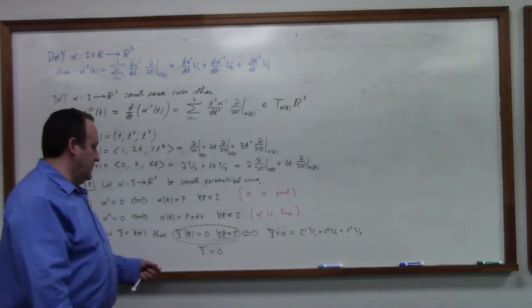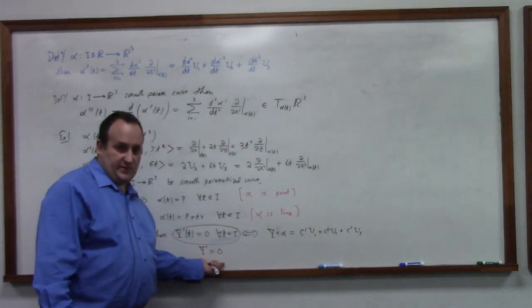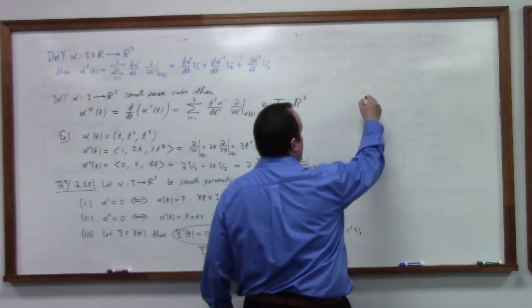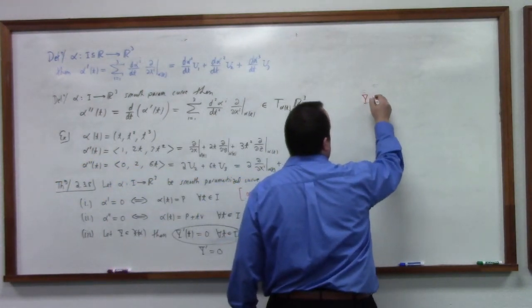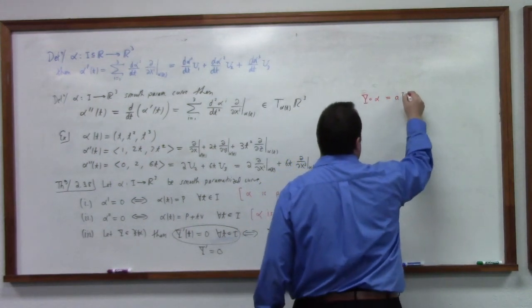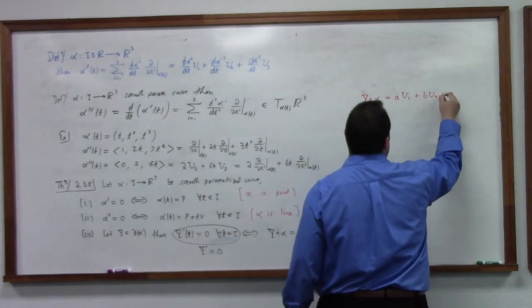So let's see here, y prime equal to 0. That means that has to be a constant. Let's suppose y composed with alpha is equal to A u1 plus B u2 plus C u3.